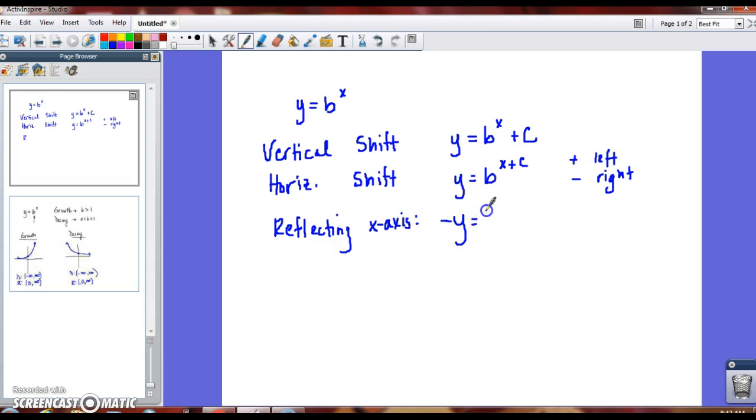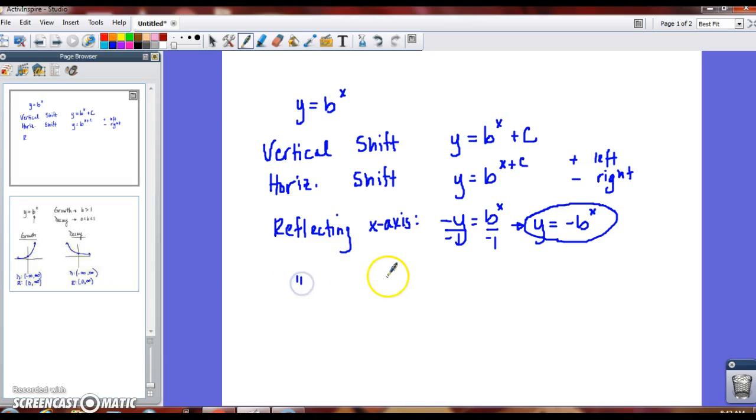So you'd have negative y equals b to the x. However, we're never going to write it like this. If I divided both sides by -1, I would end up with y equals negative b to the x. So that's where that comes from. If you see a negative in front, that means you're reflecting over the x-axis. You're just flipping that graph upside down.